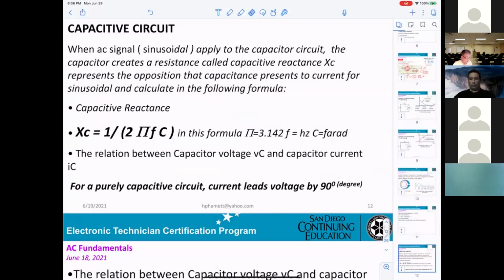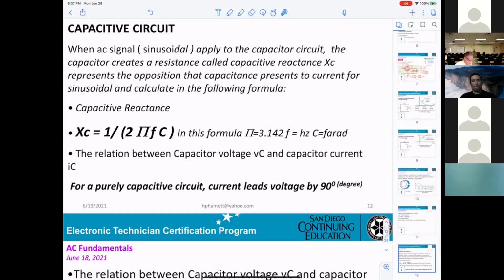However, they call it capacitive reactance. Here, capacitive reactance is calculated by the formula 1 over 2 pi FC. In this formula, pi is 3.142, F has to be in Hertz, and C must be in Farad.